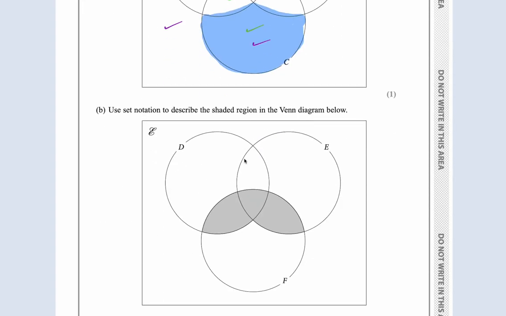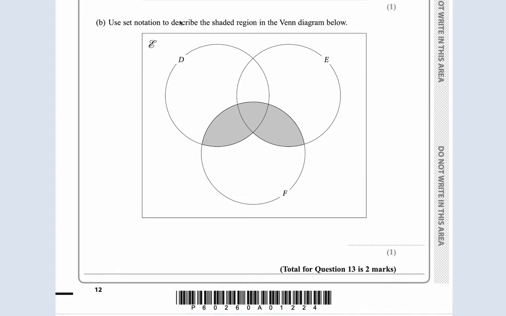Okay, next one. Use set notation to describe this shaded region on the Venn diagram. Okay, this is slightly more complicated. So two ways to do it.